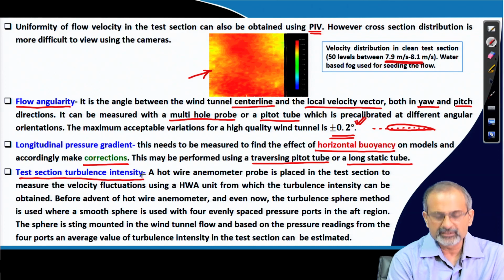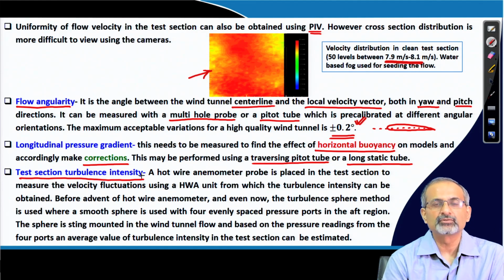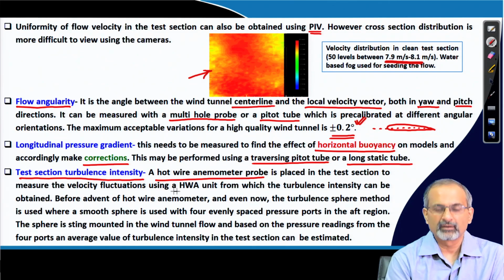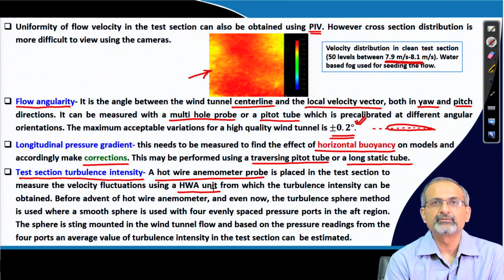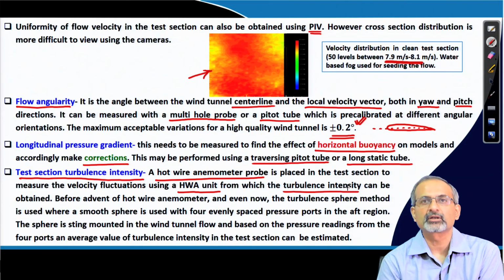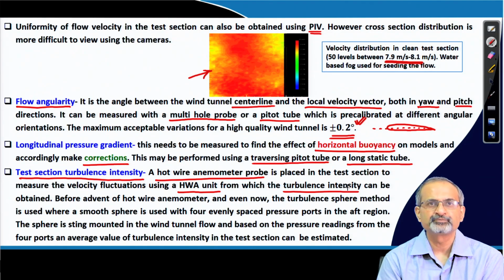Test section turbulence intensity evaluation is also very important. So, either you do it with a hot wire probe which is attached to a hot wire unit for acquisition of the data and processing it, so that you can get the information about turbulence intensity from the measurements.